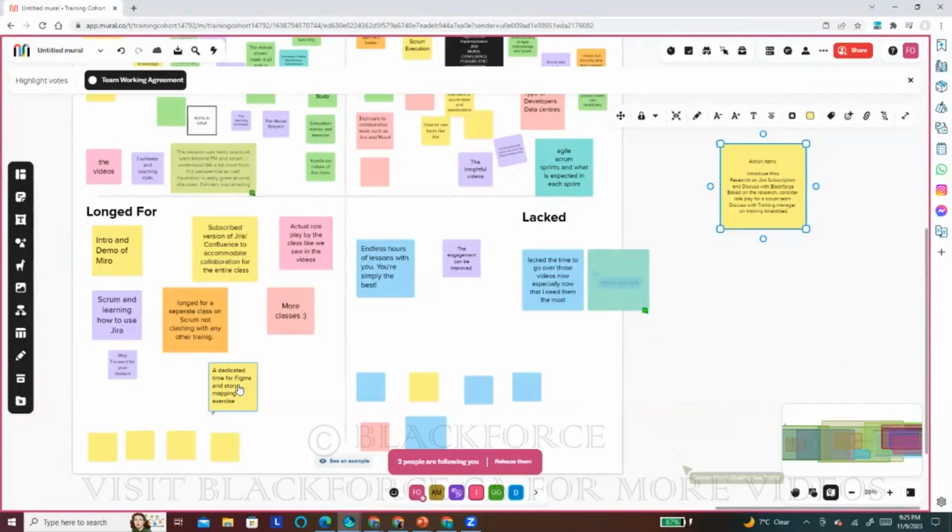Is there something you are thinking about, so that we can add it to the action items? No, nobody is talking. We'll go on. If you want to tell me, you can add it or send it to me by private chat, so that we can add it to action items.